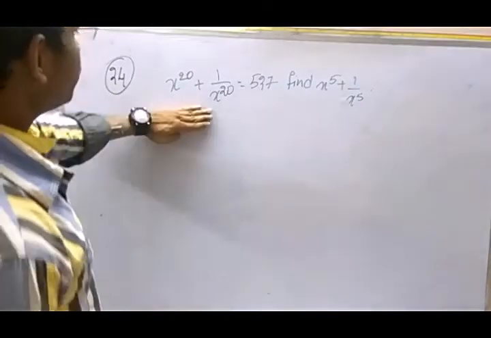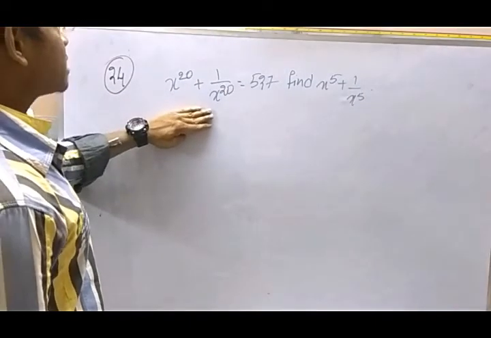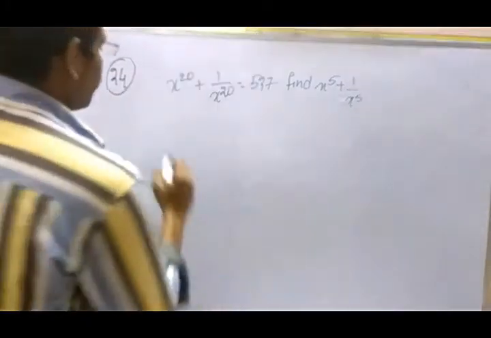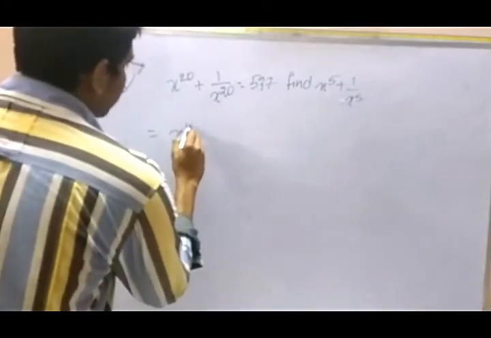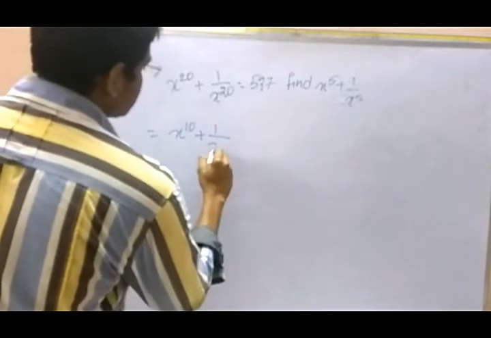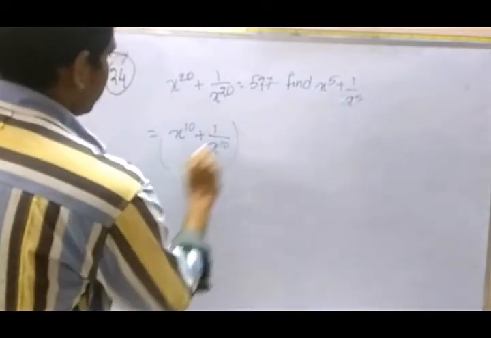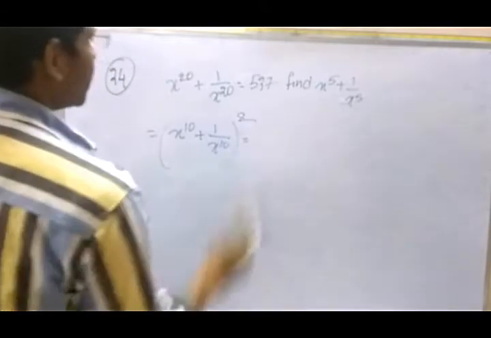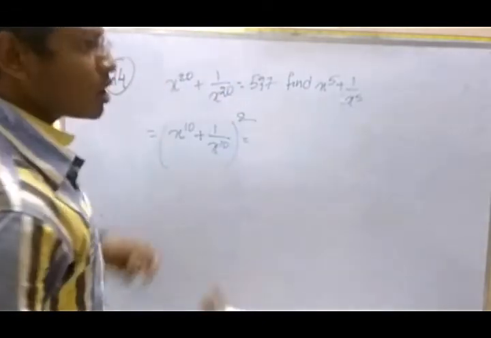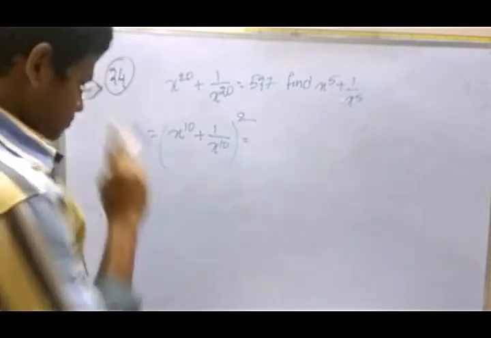Students, what I told you here, we have x power 20, so we will take x power 10 plus 1 by x power 10. And what we need to do? We need to do square, so that we will get what we require.